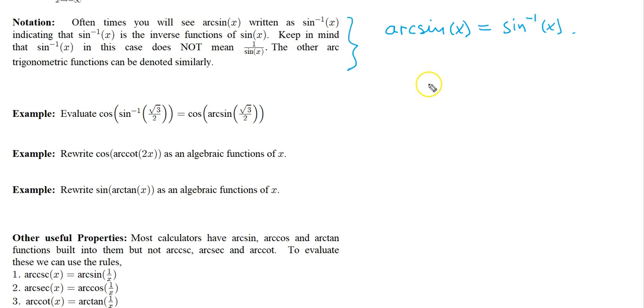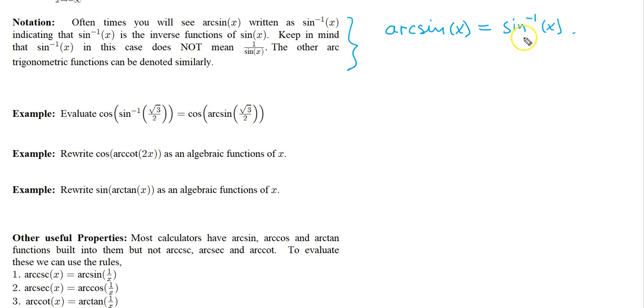Now that's reminiscent of the notation if we have a function f, we denote its inverse by f inverse. But once again, keep in mind that this does not mean 1 over f. 1 over f is not the inverse for the function f. So a lot of times you'll see this notation used for your inverse trig functions.